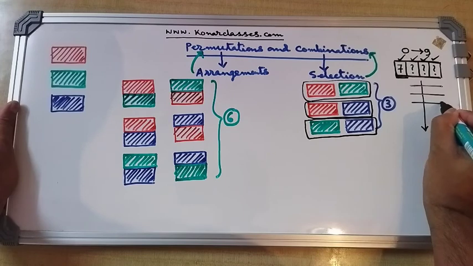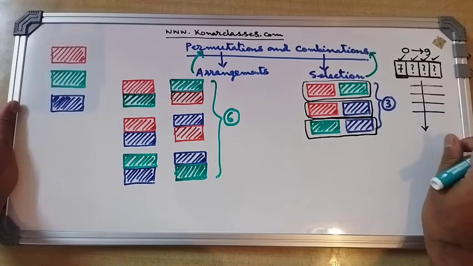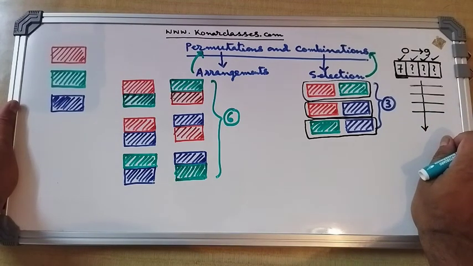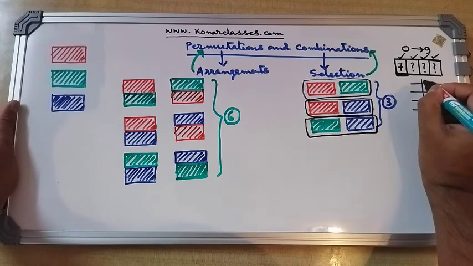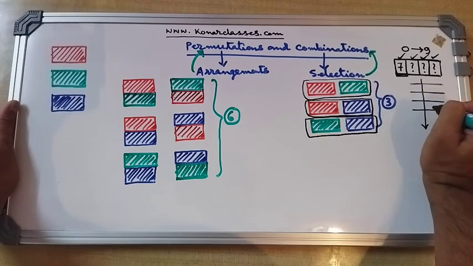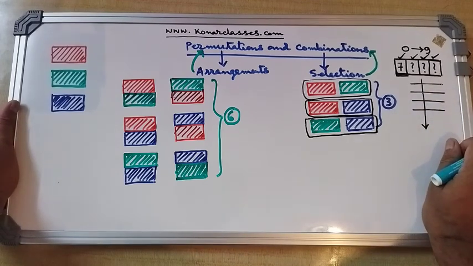Now, if the question is how many such sequences are possible, without knowledge of the permutations and combinations formula, it is difficult to answer. It is not impossible; it is possible to answer. You would need to list down all these patterns and then count them, which is a time consuming process.